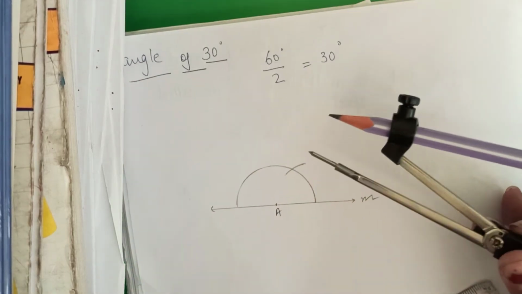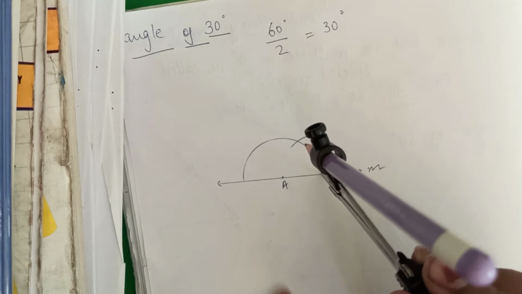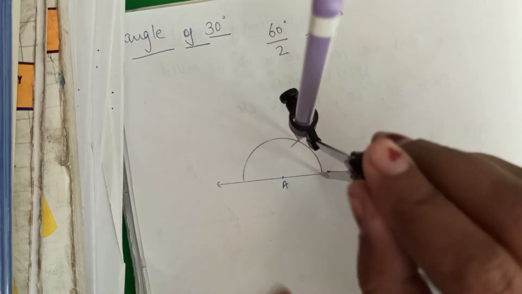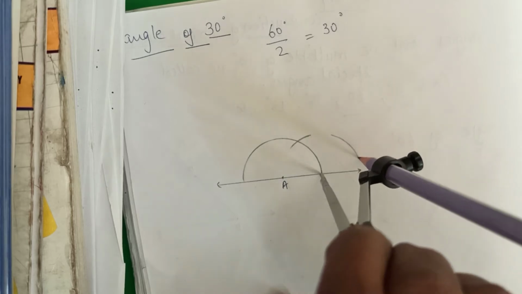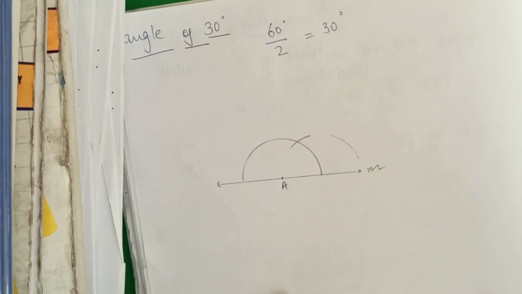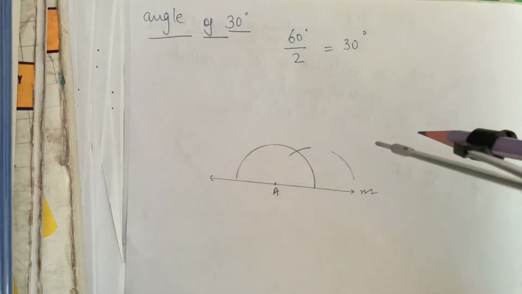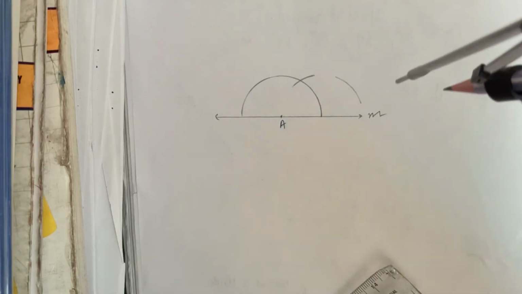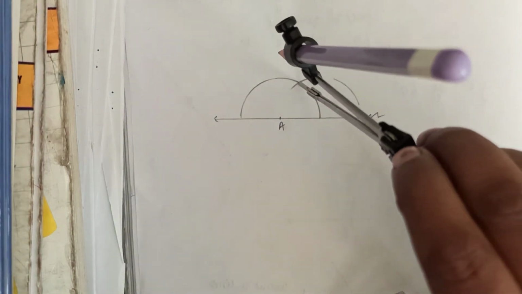Now we know half of 60 is 30 degrees. So what we have to do? One mark we have done on the semicircle, one you will draw here. And one arc from 60 degree angle. Put the needle. So I put the needle of compass here.